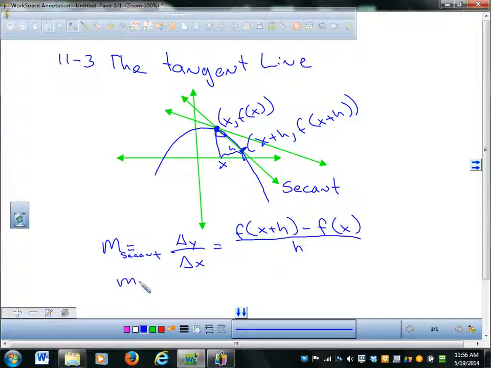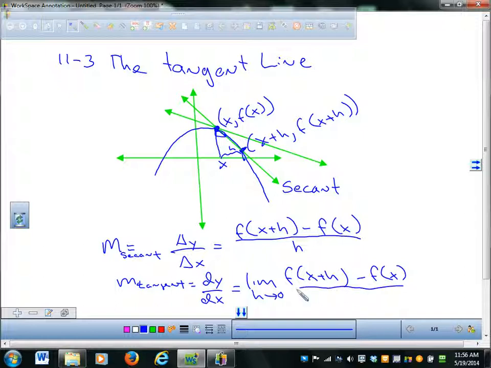And for the slope of the tangent line, instead of using delta y and delta x, they use dy dx, which implies that that change is infinitely small. And that's equal to the limit as h goes to 0 of f of x plus h minus f of x over h.